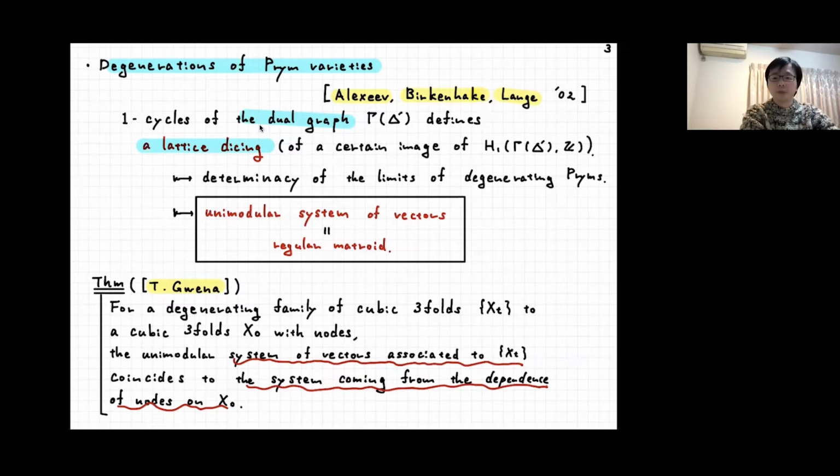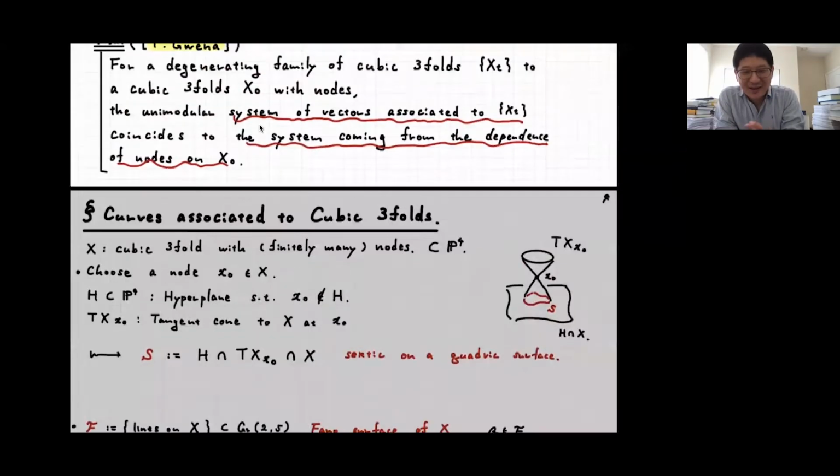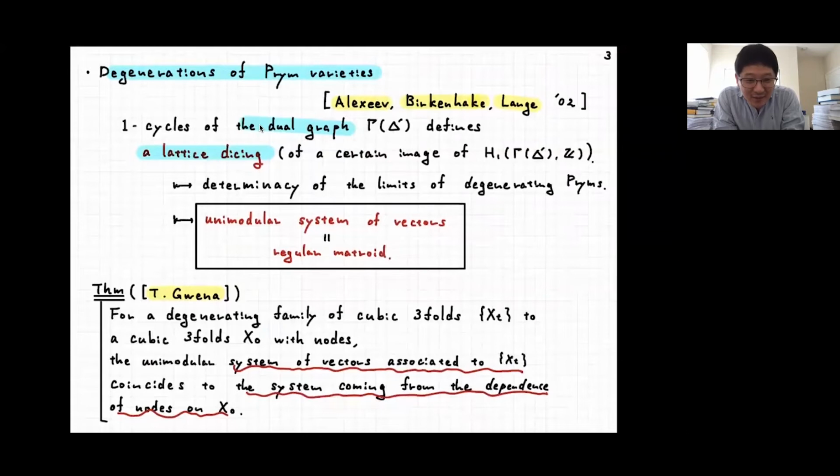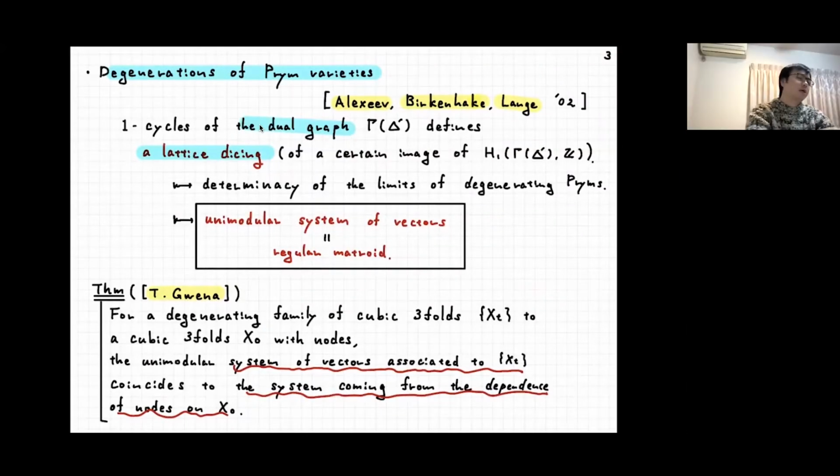Do you have any questions? Excuse me, could you explain a little more about this lattice dicing? Yes, again, not a precise definition, but I want to say what a lattice dicing is. It's a very easy notion.